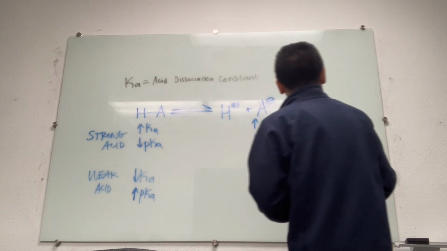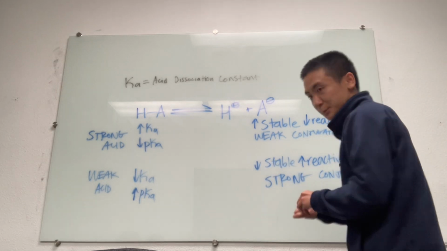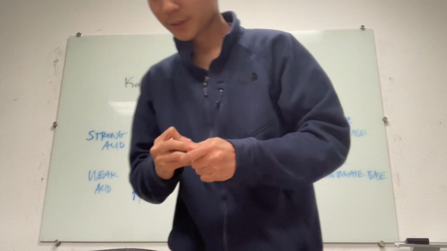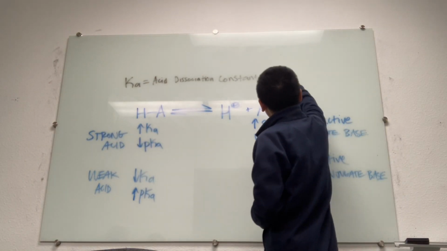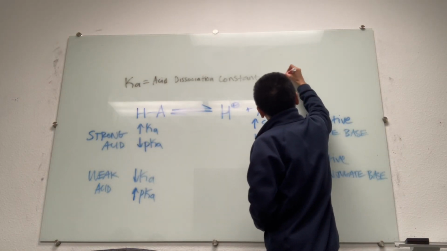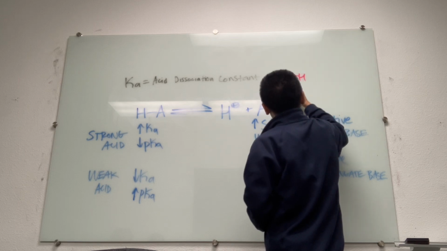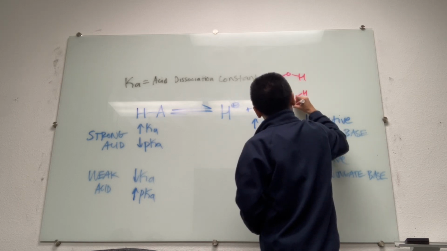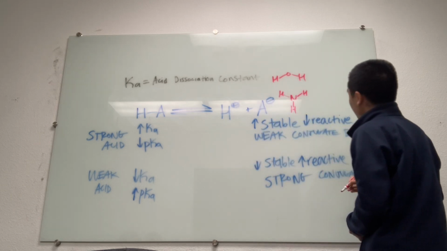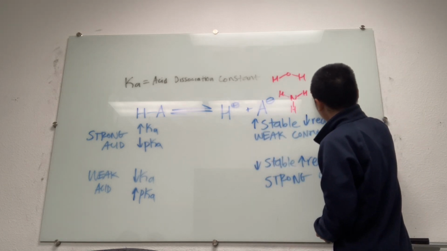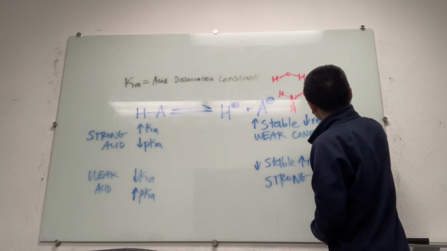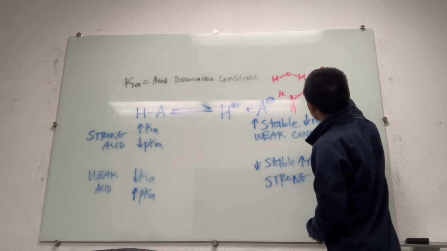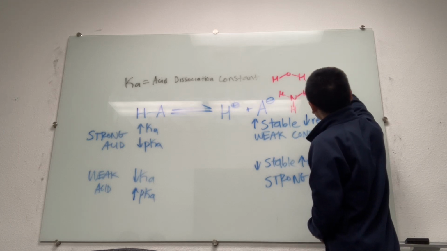So let's say, for example, I have this as my acid versus, let's say, this as my acid. And I put some kind of base to deprotonate this acid, right?